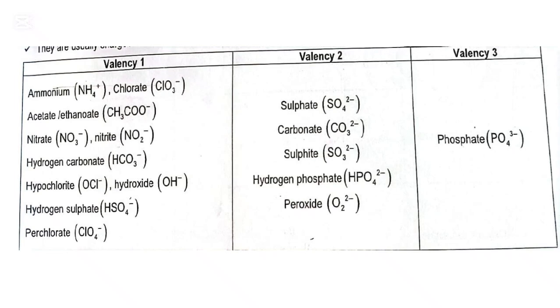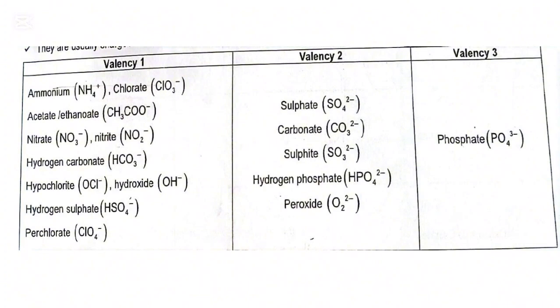For example, radicals with valency 1 we have ammonium ion, chlorate ion, acetate or ethanoate ion, nitrate ion, nitrite ion, hydrogen carbonate ion, hypochlorite ion, hydroxide ion, hydrogen sulfate ion, perchlorate ion.